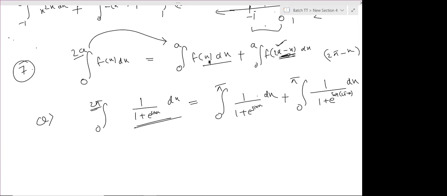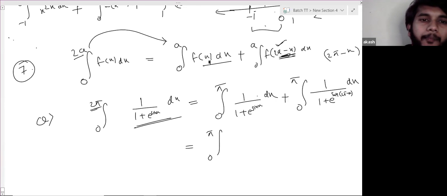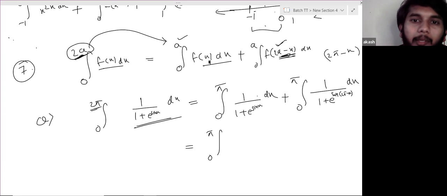Yes, sir. Can you explain the property once again? Right. If you have the integral from 0 to 2a of f of x dx, f of x can be anything. What you can do is halve the limit. We divided the upper limit 2a by 2, so 2a by 2 is a.